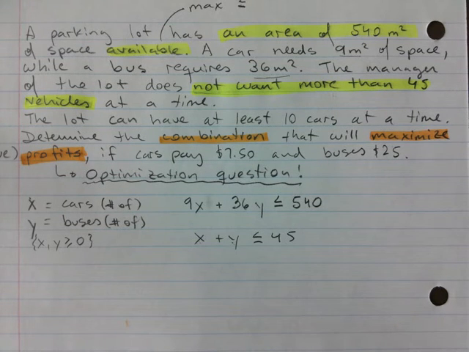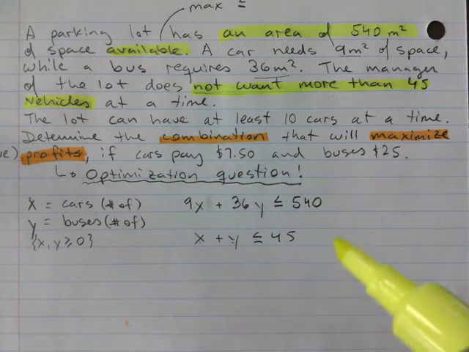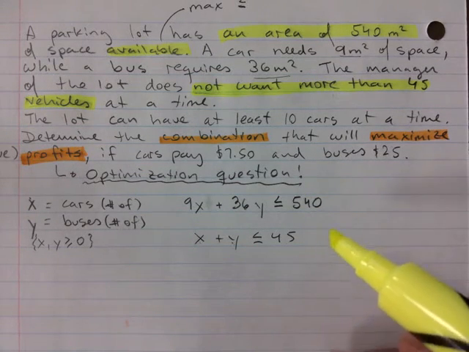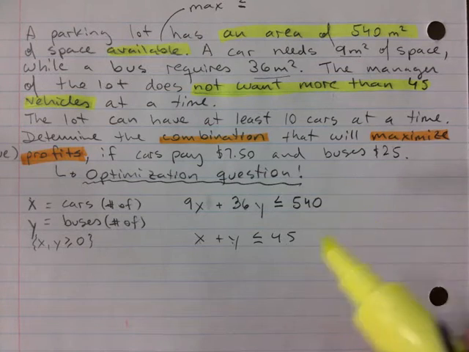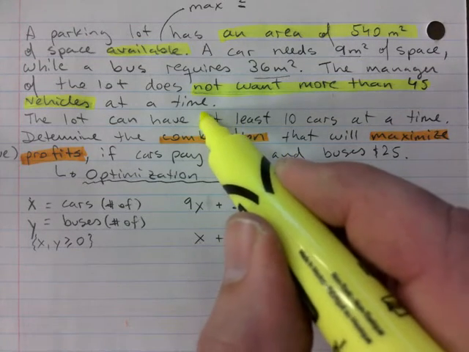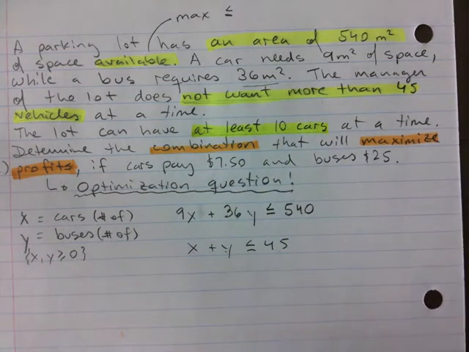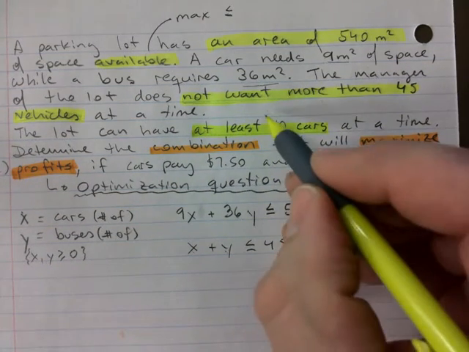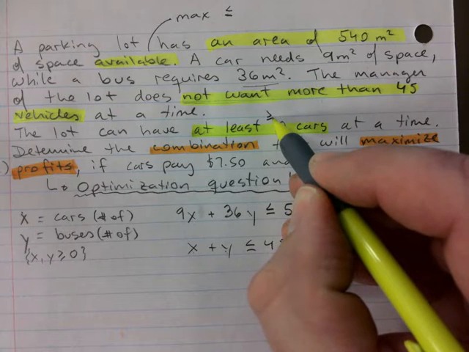There's one more in there that I snuck in just before. Go ahead, Ben. x is less than or equal to 10, because you saw this here, right? At least means that it has to be like that, right?